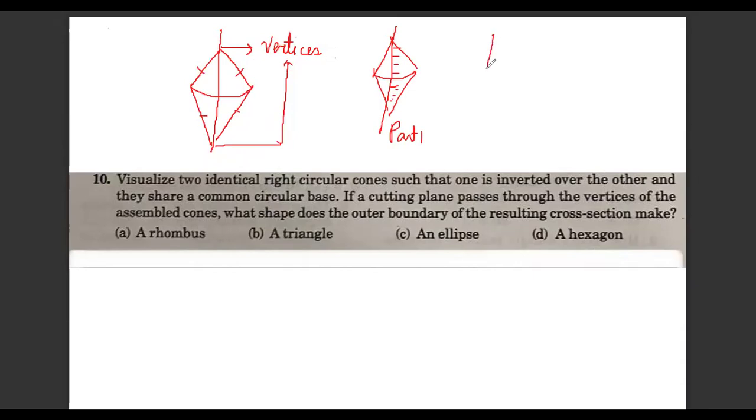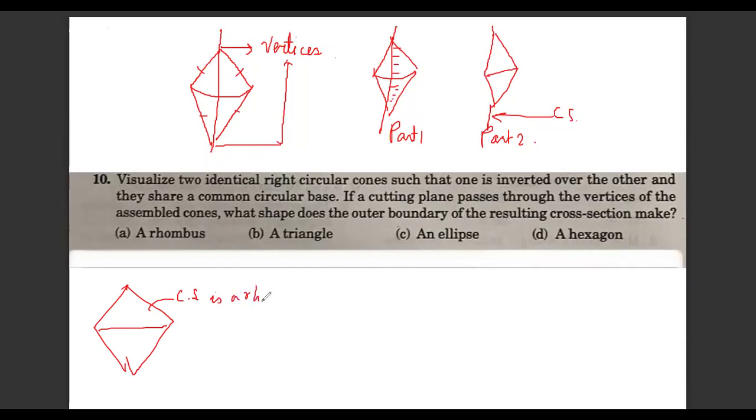And the second part would be, let us say, this is the second part. And this is your cross-sectional area. Now the cross-section is similar to a rhombus. It will look like this. This is the cross-section and this is a rhombus. The cross-section is a rhombus.